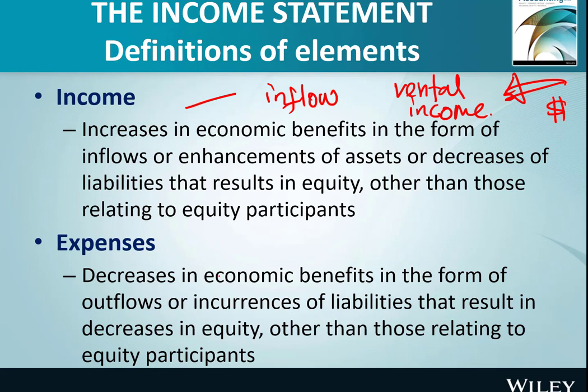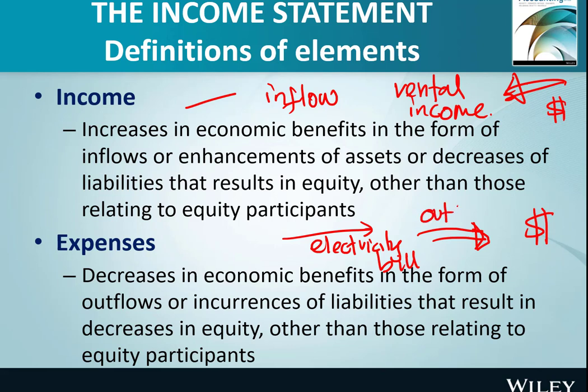Expenses are decreases in economic benefit, for example your electricity expense. When you use electricity, every month you have to pay the electricity bills to the provider of the service. In Dubai, it is DEWA, so you have to pay them a sum of money. So this is inflow, and this is outflow of resources.